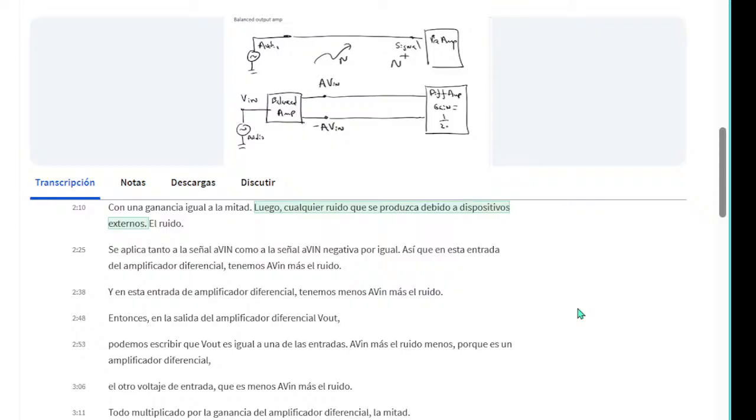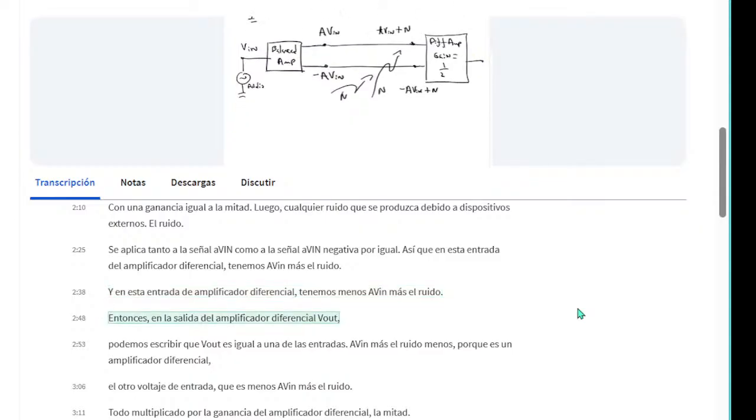Then any noise that's introduced due to external devices is applied to both the A Vn signal and the minus A Vn signal equally. So at this input to the diff amp, we have A Vn plus the noise, and at this differential amplifier input, we have minus A Vn plus the noise.